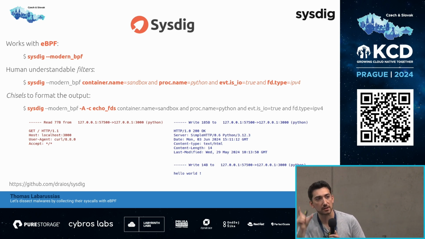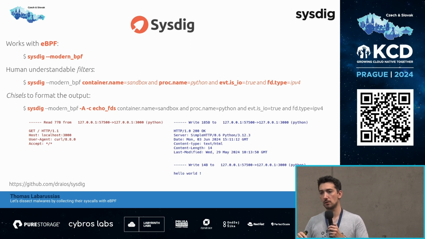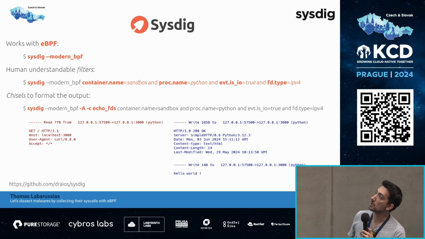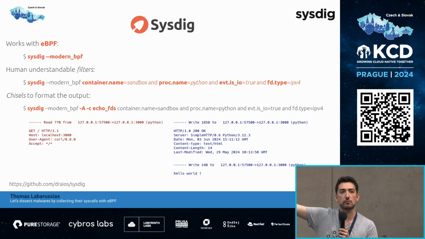So we can add to our commands human understandable filters. It's a way to just capture a subset of the syscalls, not all of them, because so many things are happening in your systems at any time. It's easier to filter and focus the scope on only a few syscalls. Even if you're not familiar with syscalls, if you never tried it, you are able to read the filters right now.